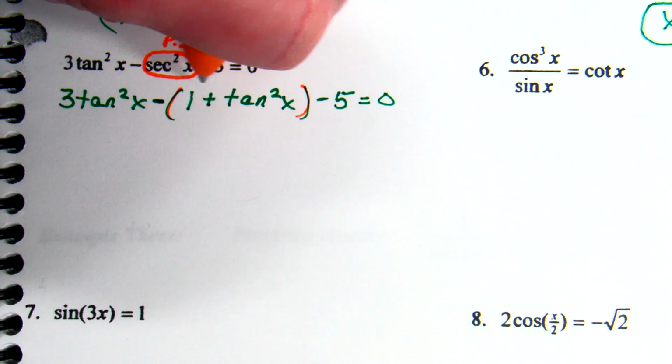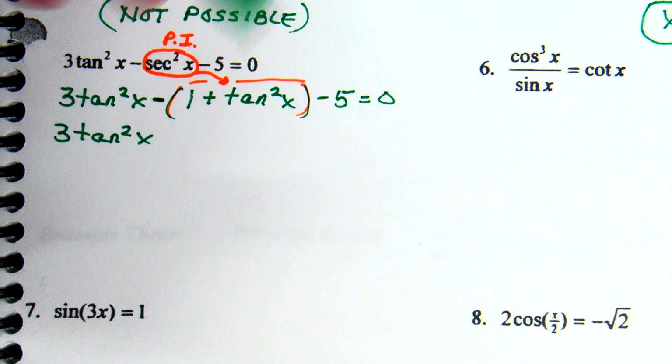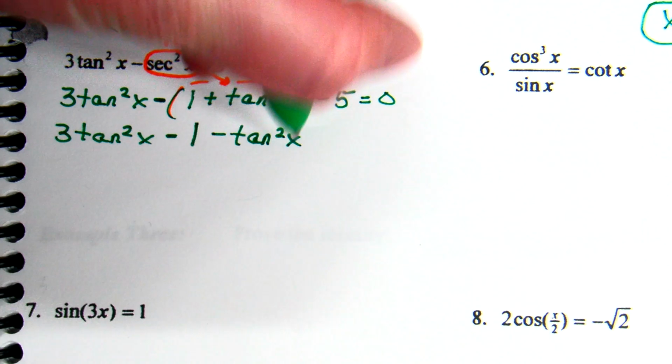That was my Pythagorean identity. So if we rewrite this without the parentheses, 3 tangent squared x, what do we have here? Minus 1 and minus tangent squared x minus 5 equals 0. So all I did is distribute my negative there.